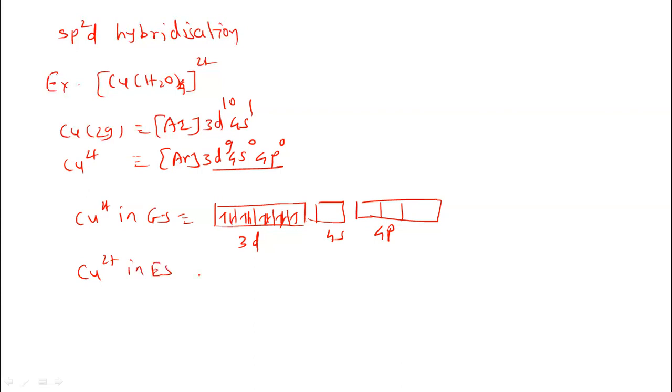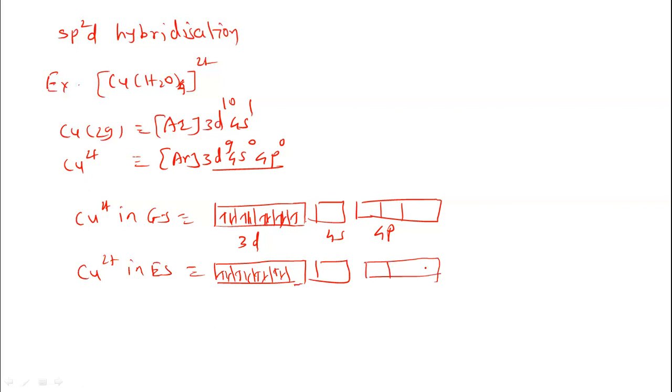So the promotion of this unpaired electron: instead of being represented in the d orbital, that unpaired electron will be promoted to one of the p orbitals.